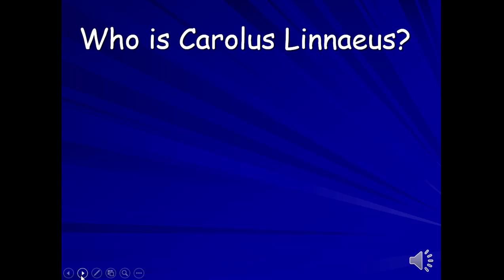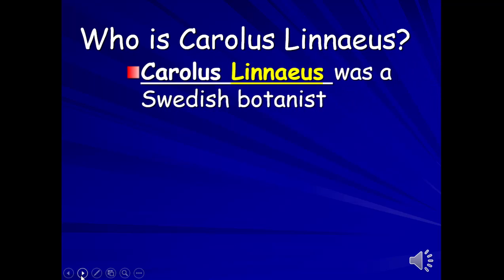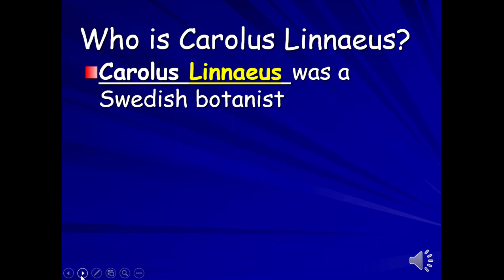Excellent. Now we will illustrate the important point which we show in this video. Who is Carolus Linnaeus? He is a scientist who developed a system for naming organisms, which is called binomial.